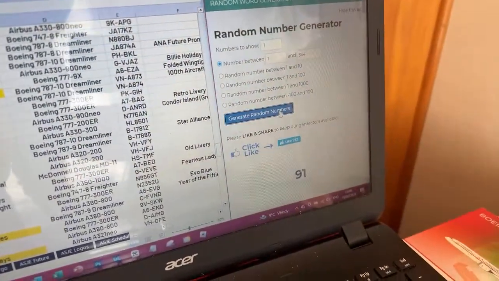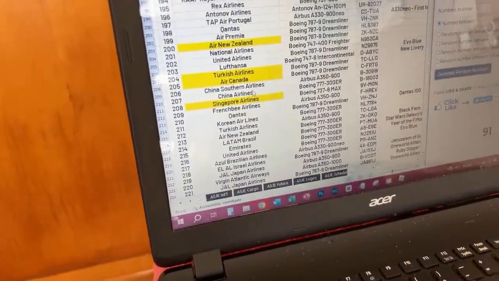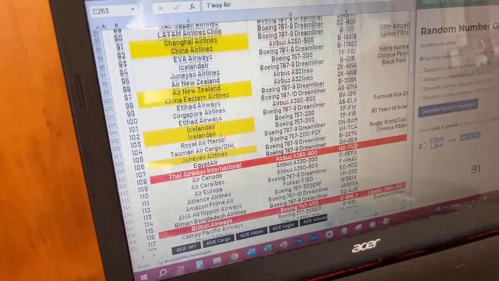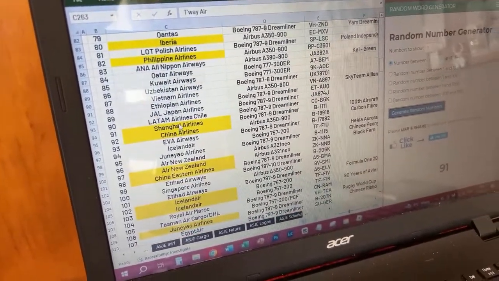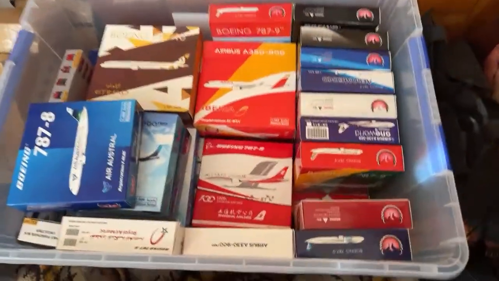Rightio, let's go ahead and see what we're going to get. Hopefully we get some Max 8s out. So we're looking for 91 that hits. That was the Shanghai Airlines 787, which is literally just there.